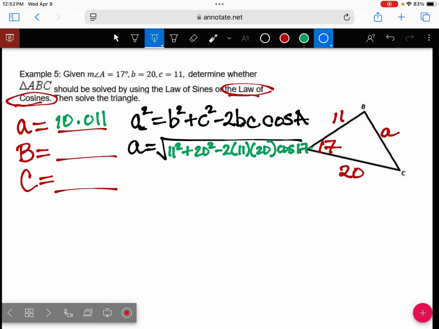So if I'm setting it up to find big B, I have to rearrange my law of cosines so that it begins with little b.